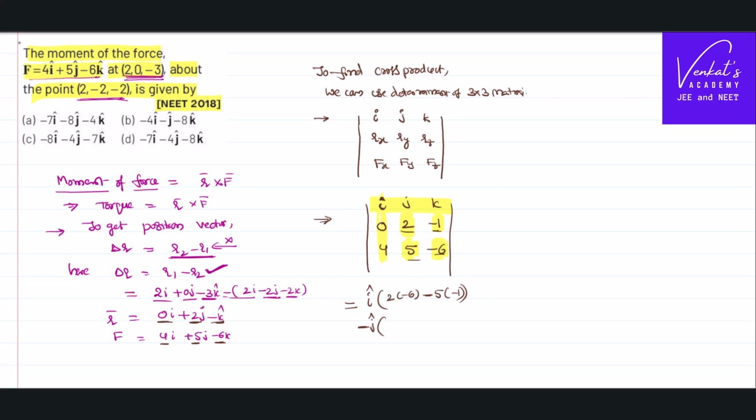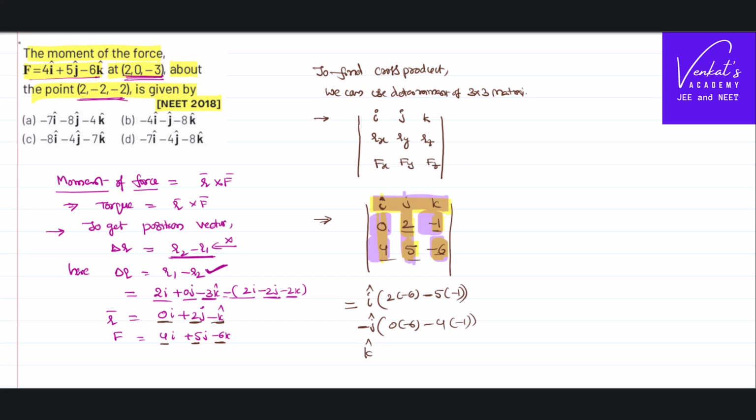Again, I follow the same: eliminate the row and column that j is in. Whatever is remaining is A, B, C, D. Again AD minus BC. AD means 0 into minus 6, minus BC means 4 into minus 1. That is of j cap.